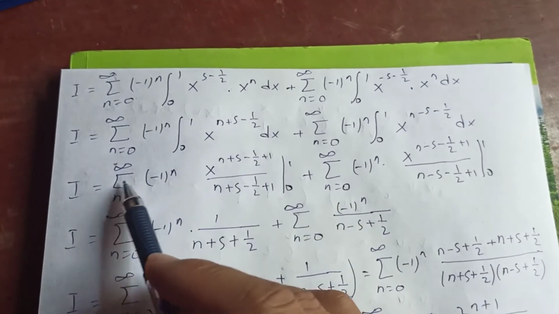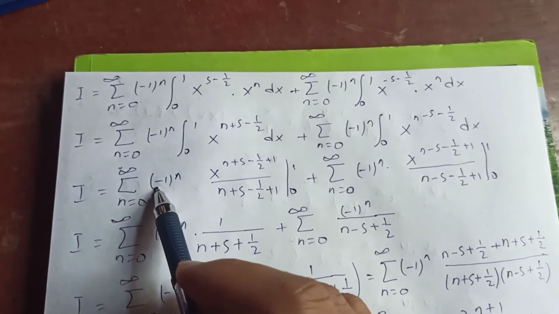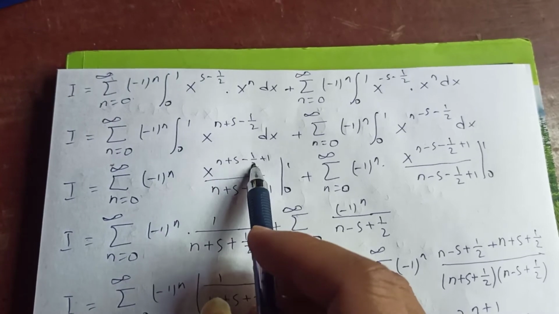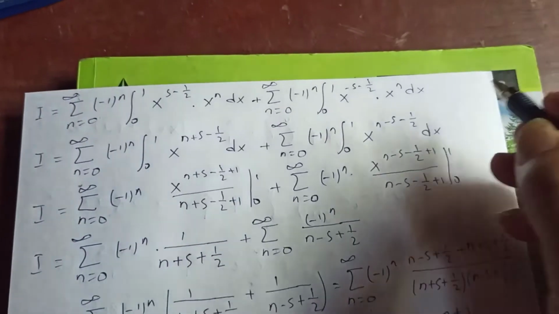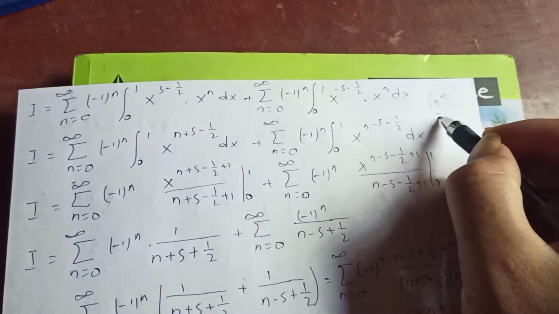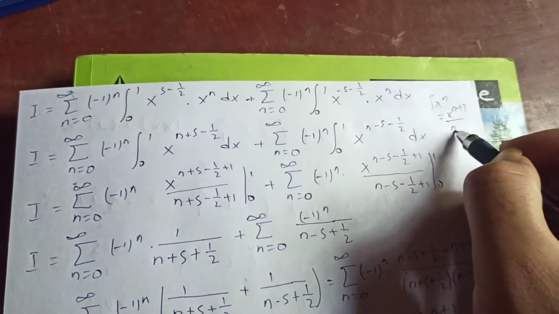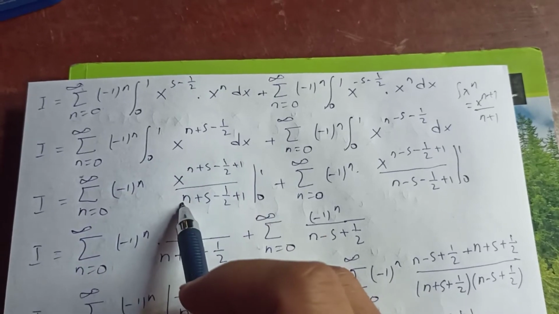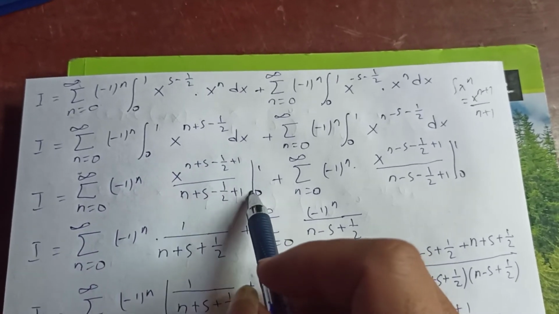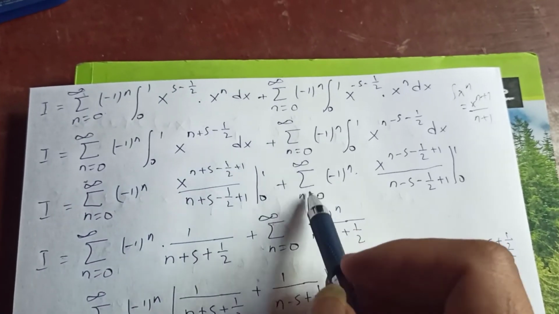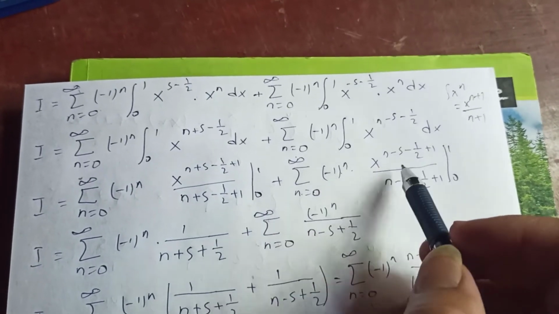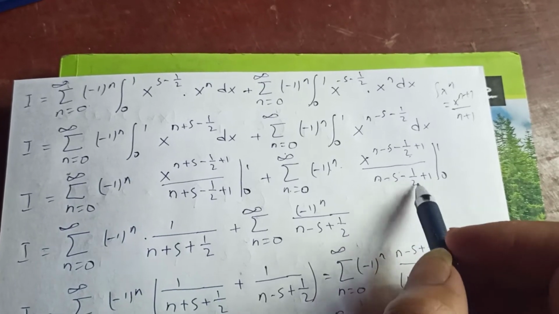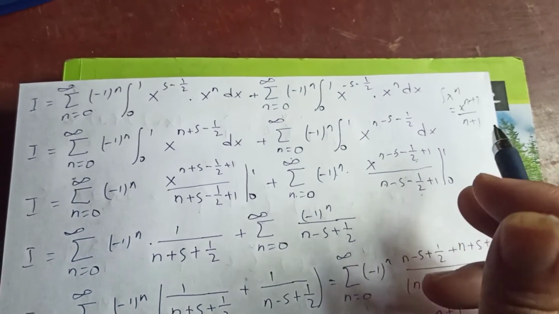So integrating, I equals the sum from n equal 0 to infinity of (-1)^n x^(n+s-1/2+1), because the integration of x^n is x^(n+1) upon n+1, using that. So this one upon n+s-1/2+1 from 0 to 1, plus the sum from n equal 0 to infinity of (-1)^n x^(n-s-1/2+1) upon n-s-1/2+1 from 0 to 1.